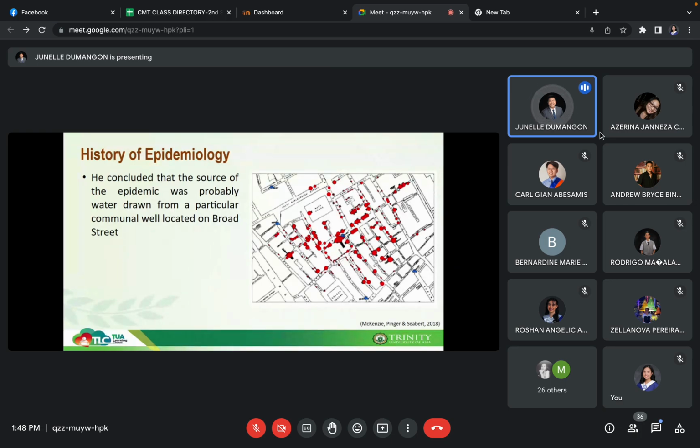And even those other neighbors would get water from that well. So sila yung nai-infect. So what did he do? He removed the handle from the well, forcing people to get water elsewhere, and then the epidemic of cholera ended. Because of this, John Snow is considered, remember this, as the father of epidemiology.